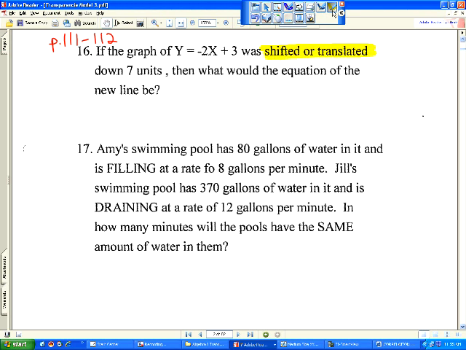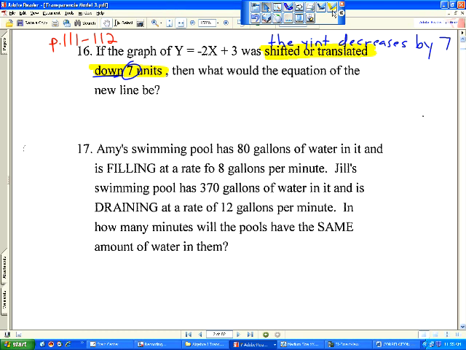It affects the y-intercept. So something is going to happen to the y-intercept. It translated down, so what's happening to the y-intercept? Increase or decrease? It decreases. By how much? 7.